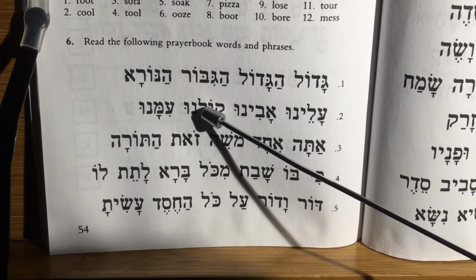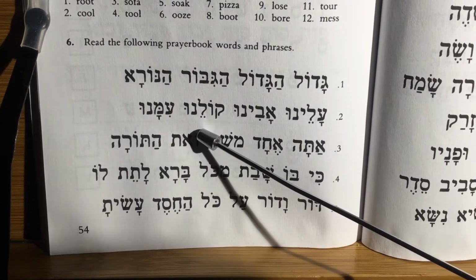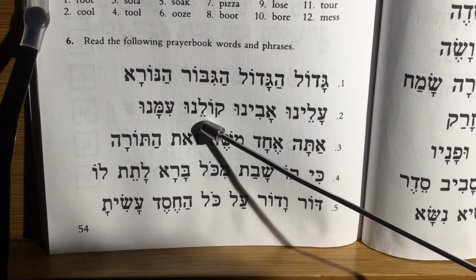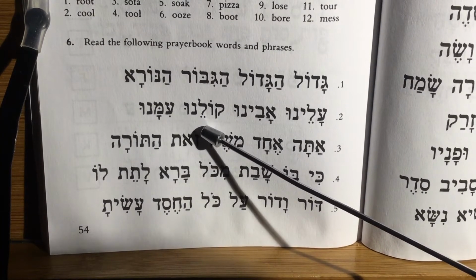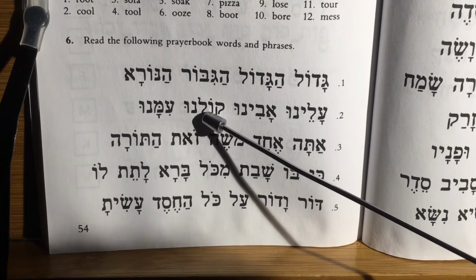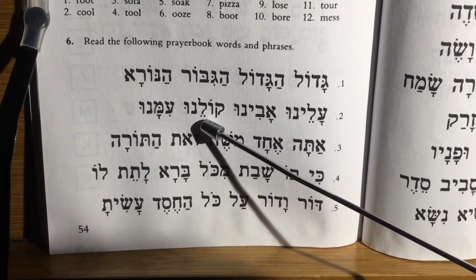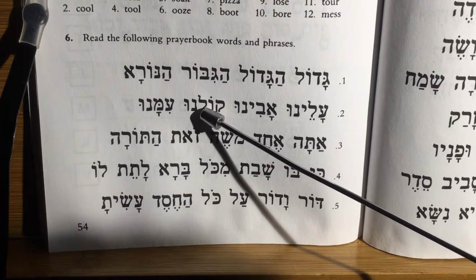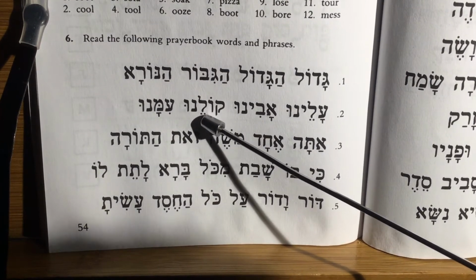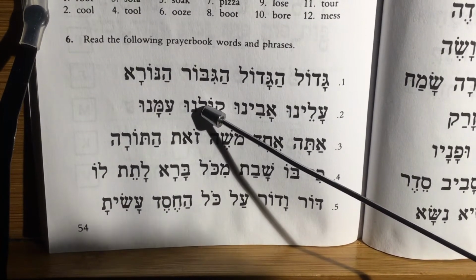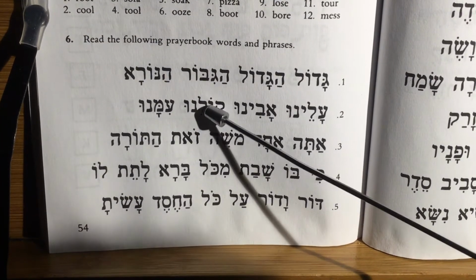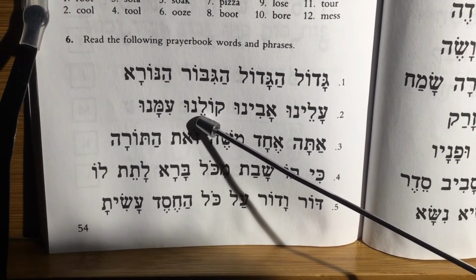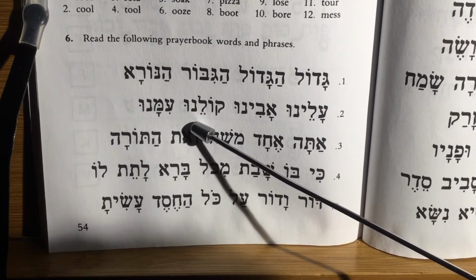And see, you have your lamed, and you have your E-class vowel. But the sound when you see a segol is an E-class vowel, but you say a short E. So le, lenu, kolenu.